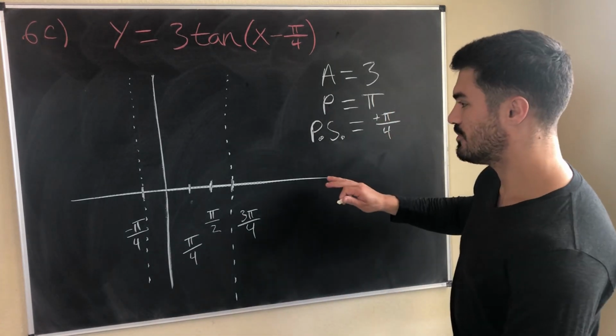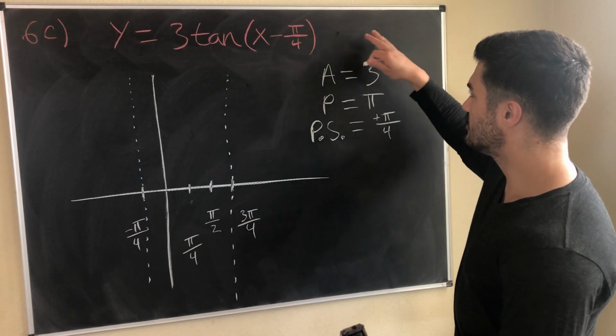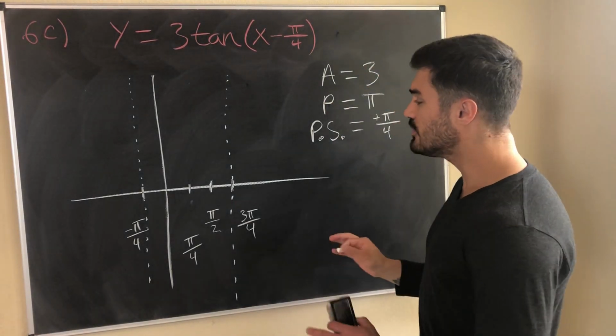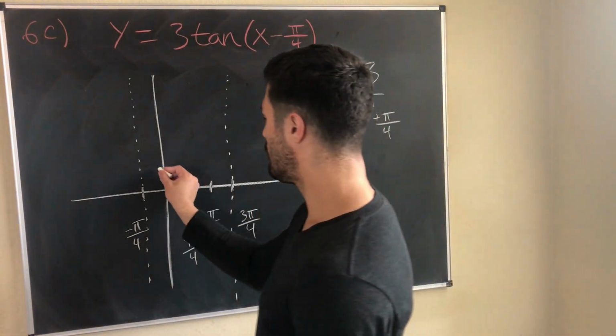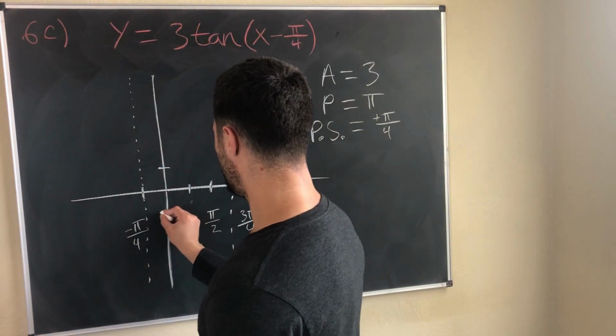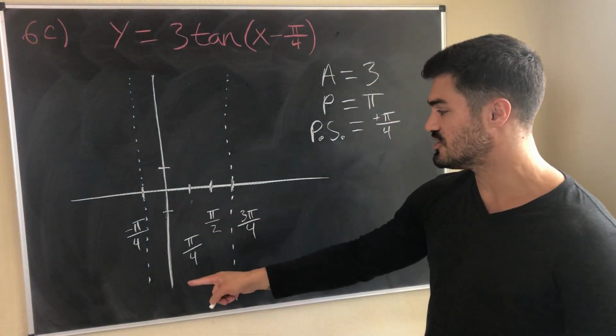And let's see, what are we worried about next? We have all our points. This is 0 clearly. We haven't shifted up or down at all. So normally when we graph this guy, we have a point up here at 1 and a point down here at negative 1. But that's what this amplitude does, it stretches these points.